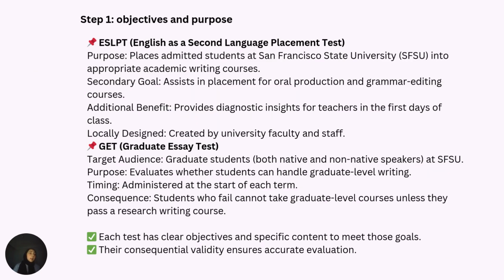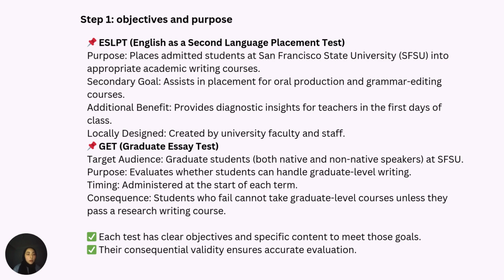Okay, again, step one, objectives and purpose. For example, ESLPT, let's look at this one. English as a Second Language Placement Test. We can see its purpose, it's really clear, and it places admitted students at San Francisco State University into appropriate academic writing courses.